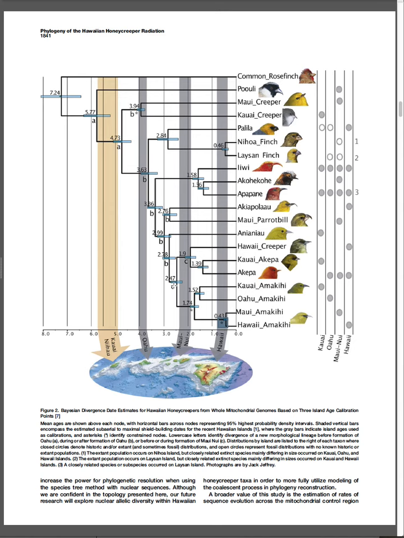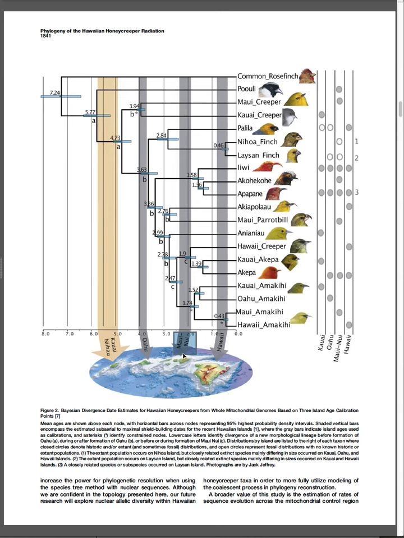So spend a little bit of time answering these types of questions. How many lineages, how many morphological types had evolved when Kauai was the only big island? Right, so before Oahu is formed, how many of those morphological types? Then think about Maui Nui. How many of the Hawaiian honeycreeper morphological types had evolved before this island existed?